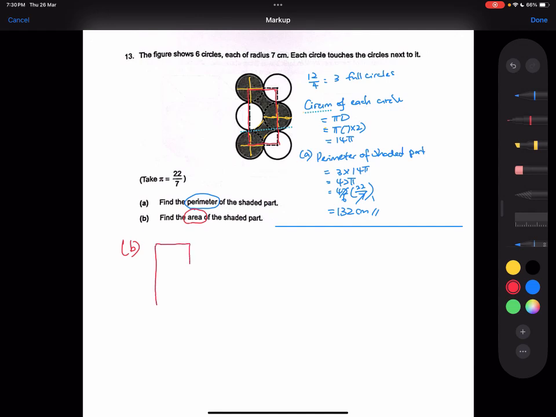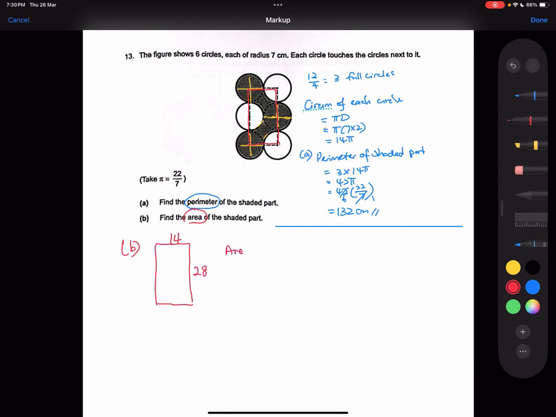If I extract the rectangle, can you see that the width is 7 and 7, which means the width is 14 centimeter. And the length is 4 times 7, 28.